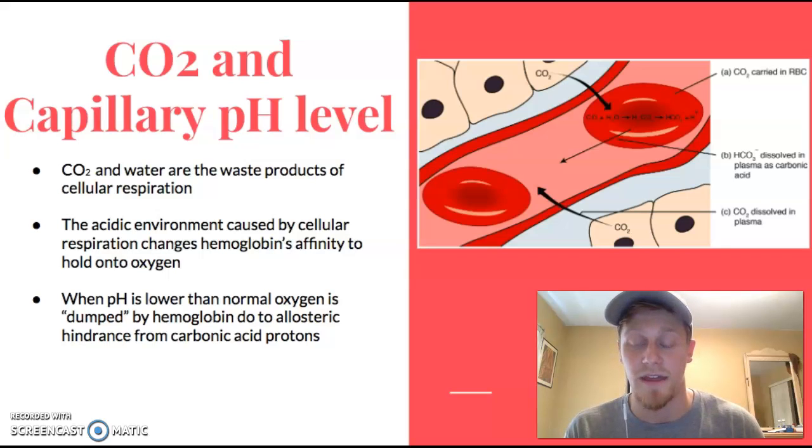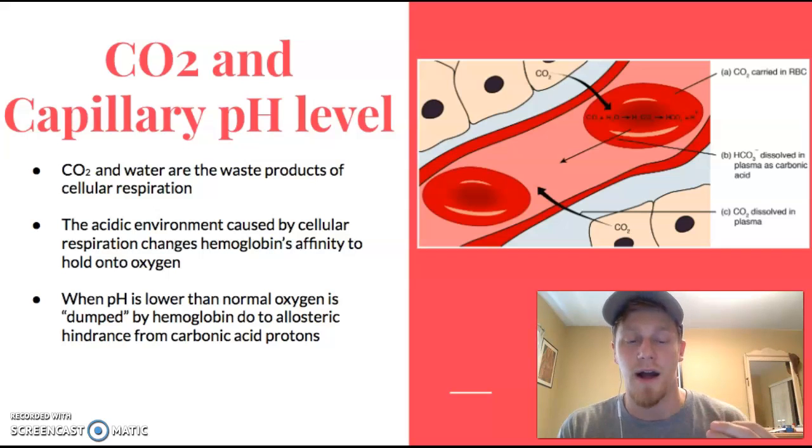So the acidic environment that these products are creating is changing the relative pH to be lower, or more acidic. So it's going to change hemoglobin's affinity for oxygen, and it's going to allosterically hinder what hemoglobin normally does, which is bind to oxygen.